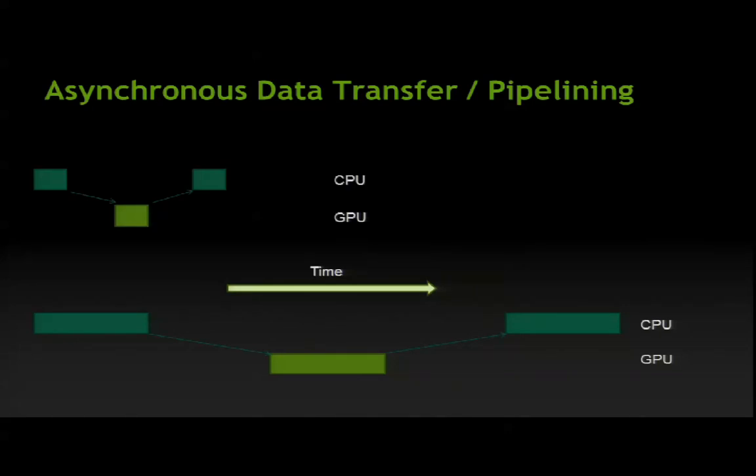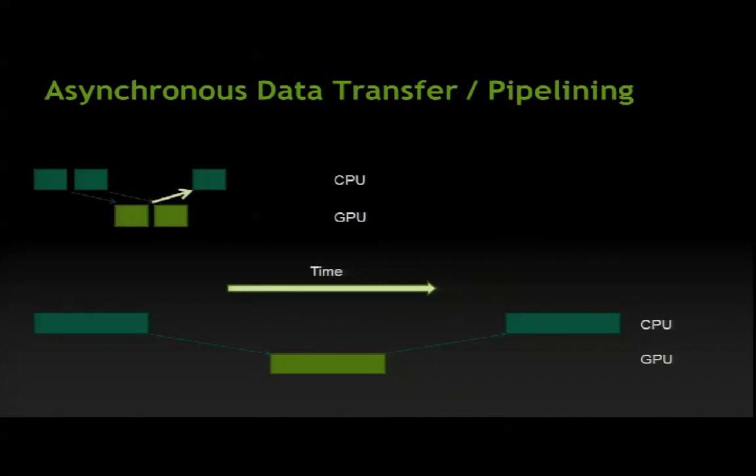Another example for using streams is asynchronous data transfers. And I think we heard that this morning already from Alistair. So basically, if you just had synchronous transfers, and we have some work on the CPU that then hands off data to the GPU, it takes a certain amount of time to migrate data to the GPU.